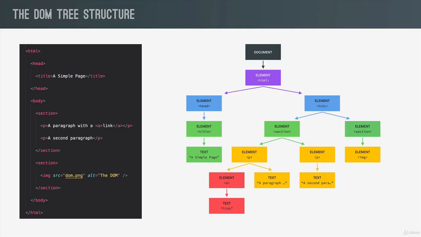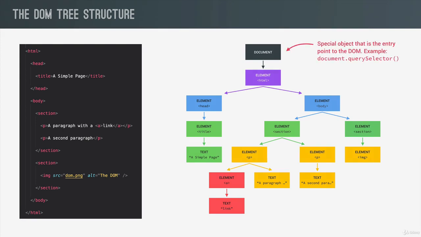Anyway, as you can see, for each element in the HTML, there is one element node in the DOM tree, and we can access and interact with each of these nodes using JavaScript. Okay, so the DOM always starts with the document object right at the very top. And document is a special object that we have access to in JavaScript. And this object serves as an entry point into the DOM.